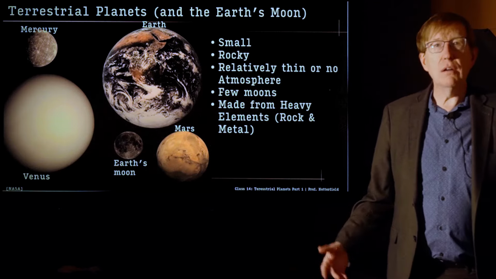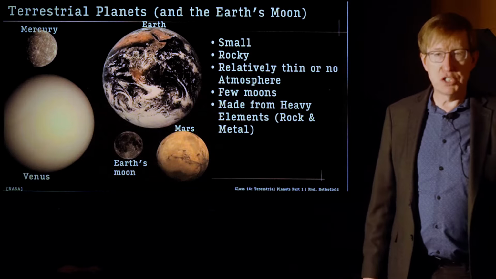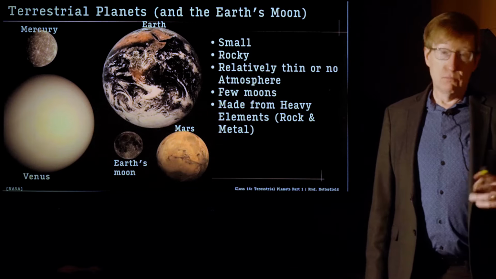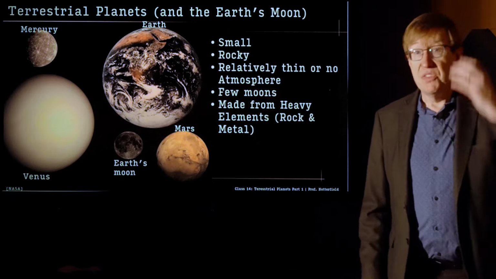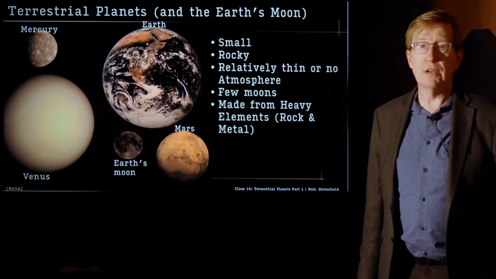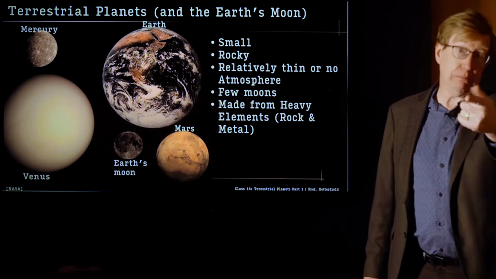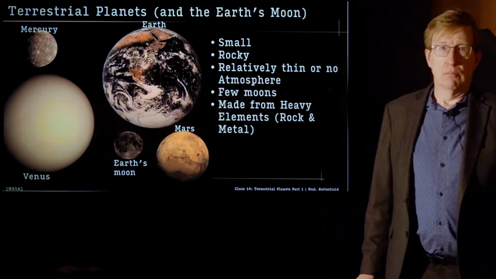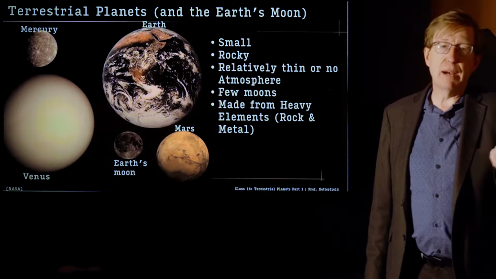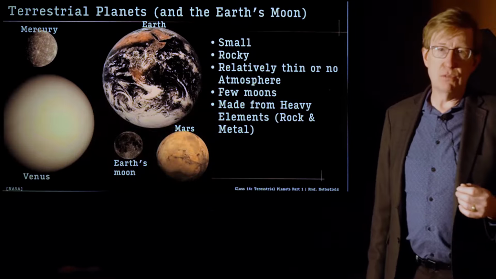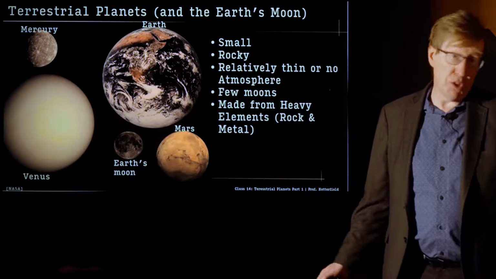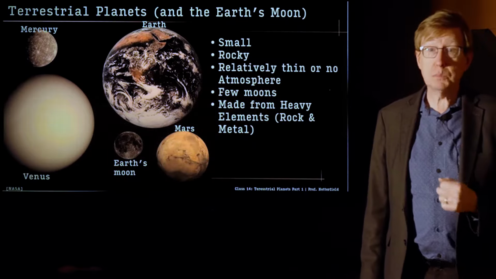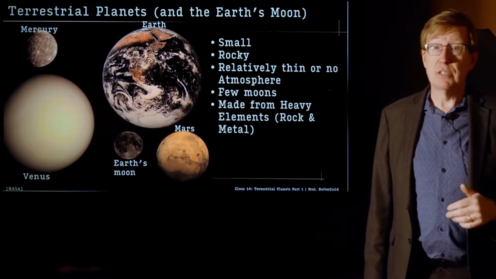These planets are, as we learned in the second lecture, all small, rocky, made of rock and metal. They have relatively thin or no atmosphere. They have very few moons. In fact, the Earth has a very large moon, Mars has a couple of insignificant moons, and Venus and Mercury don't have moons at all. And they're made from heavy elements, rock and metal.